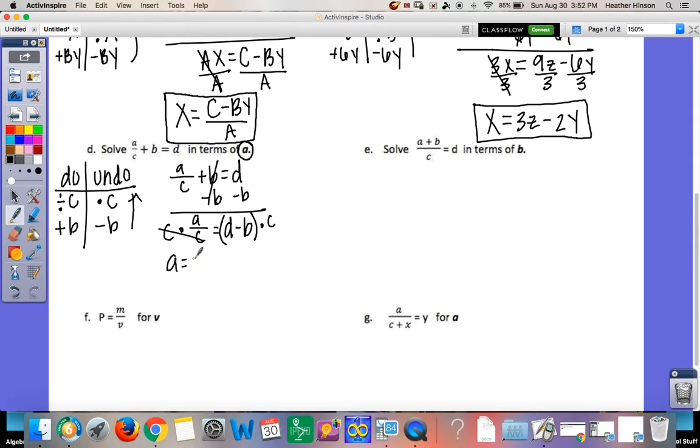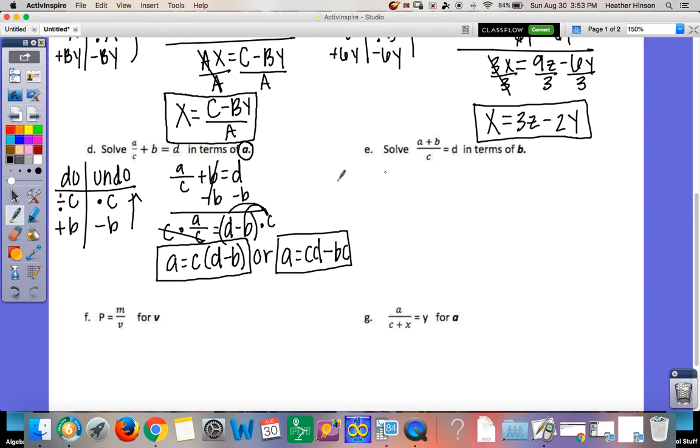You can leave it in parentheses like the example at the top, or we can distribute it. And we can do C times D, which is CD, and C times negative B, which is negative BC. So you can get either one of these answers. They're both 100% correct. And you could see either one on a test or quiz or state test or anything like that.